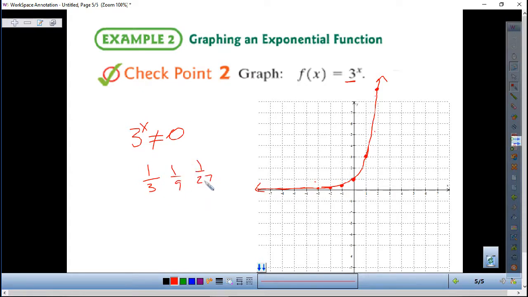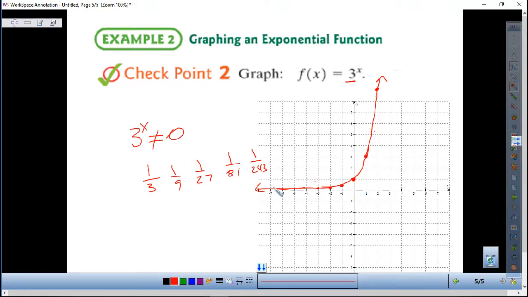Each time we're multiplying the denominator by 3 again. So 1 over 81, 1 over 243, etc. So that's how small this is getting. The larger in the negative direction we go, the smaller this fraction gets, so it gets closer to 0. But it's never going to be equal to 0.